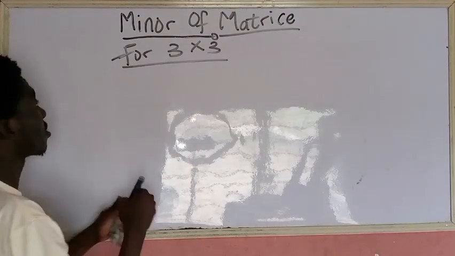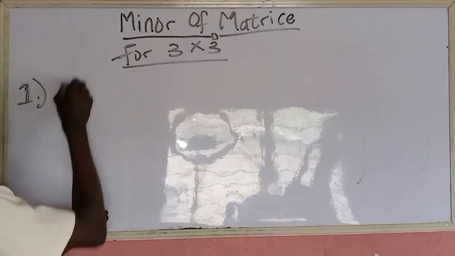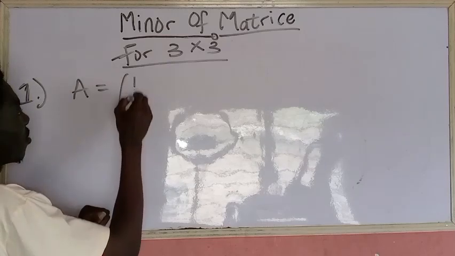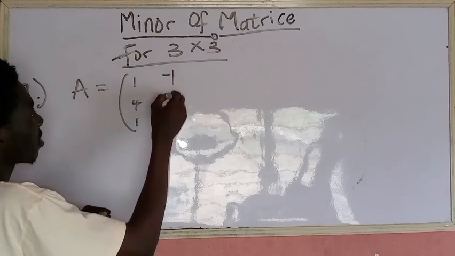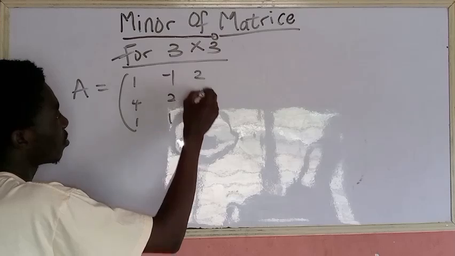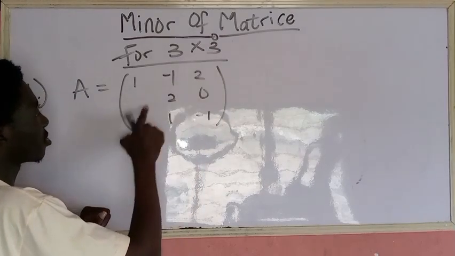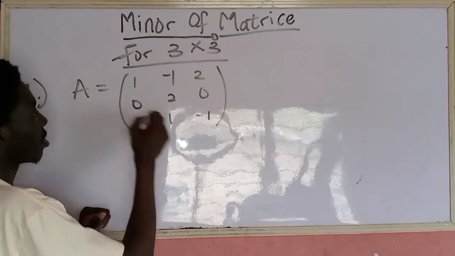For a 3 by 3 matrix, we have A as 1, 4, 1, minus 1, 1, and 1. Let's say 2, 1, and minus 1. Let's put a 0 here, a 0 here.